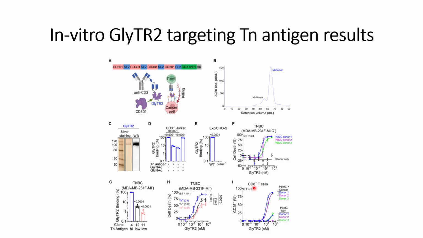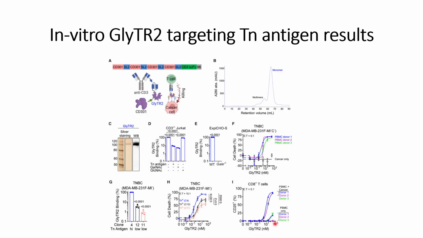At the same time, TNBC is a prominent cell line to be used for GlyTR2 specificity. When they used these modified TNBCs along with GlyTR2 at different concentrations with the PBMC donors, they saw an increase in CD8-positive activated cells, indicating that active immune cells can be activated with GlyTR2-based cytotoxicity, even without CD8-dependent cytotoxicity.